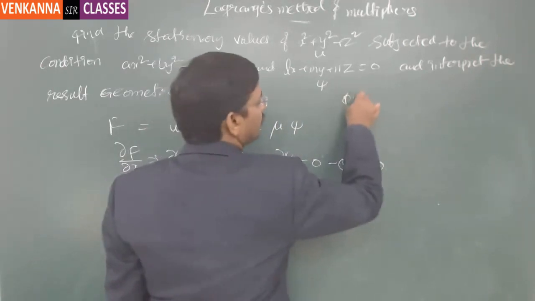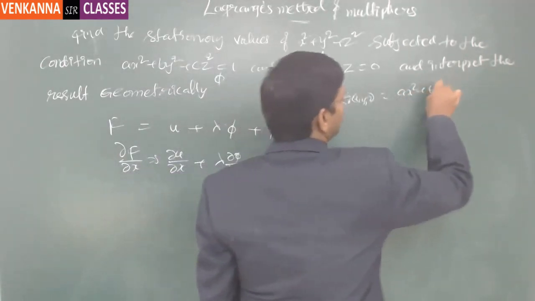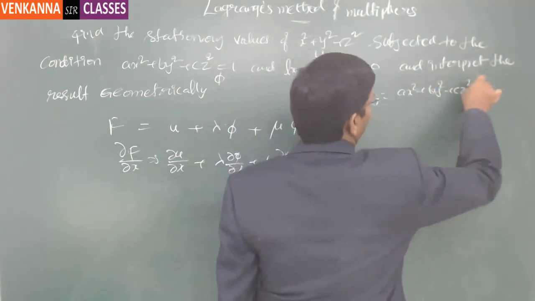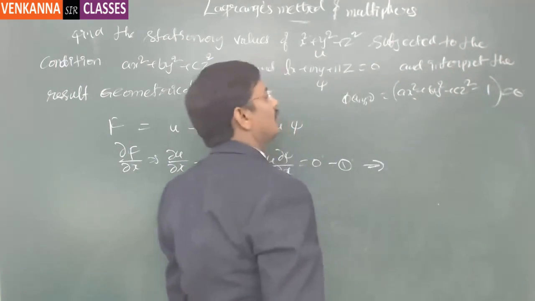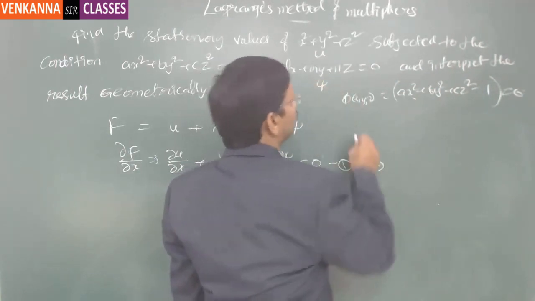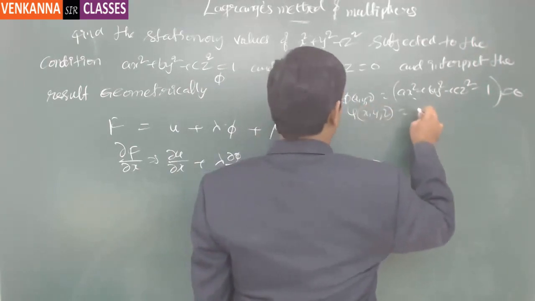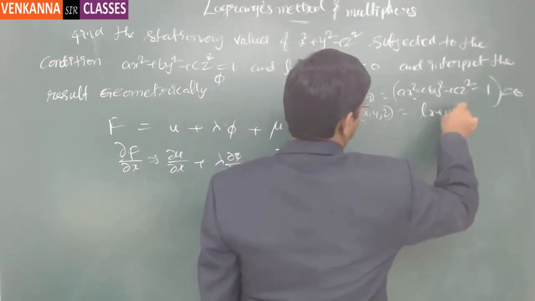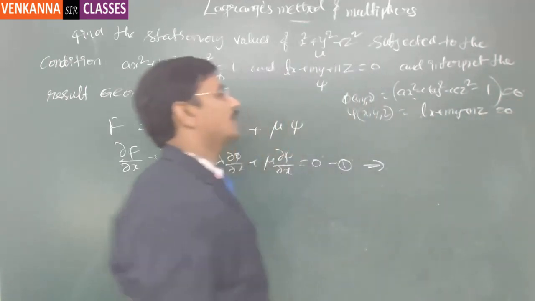So phi of x, y, z is ax square plus by square plus cz square minus 1, equal to 0. This is the format you have to express it in. Similarly, psi of x, y, z is equal to lx plus my plus nz equal to 0.